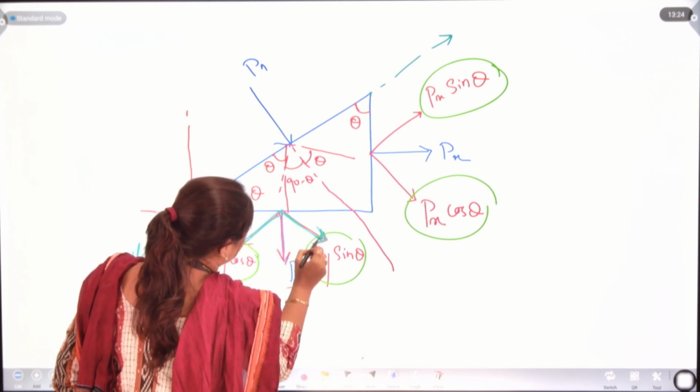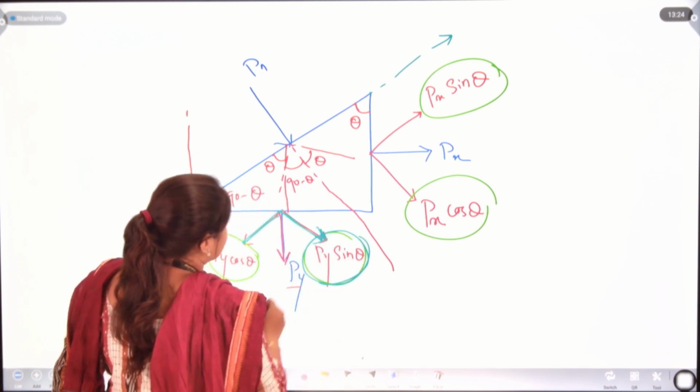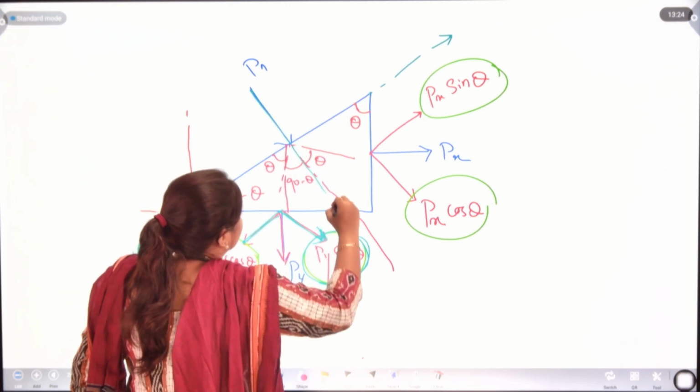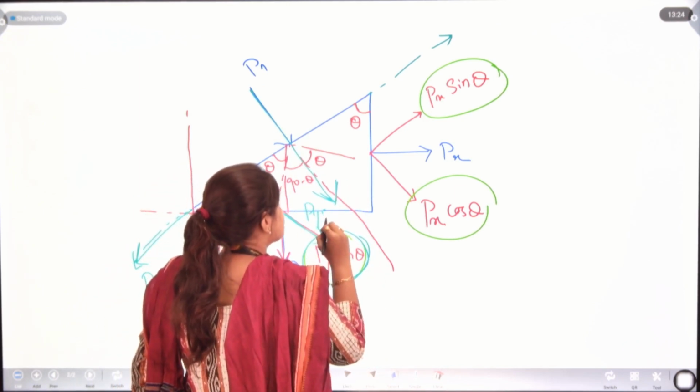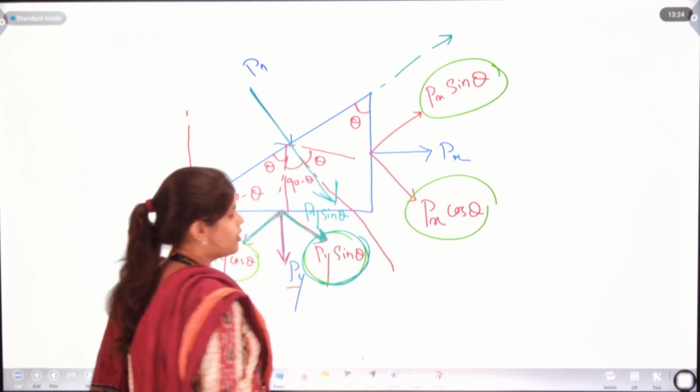In this direction, we are having Py sin theta. So, it also will be our Py sin theta.